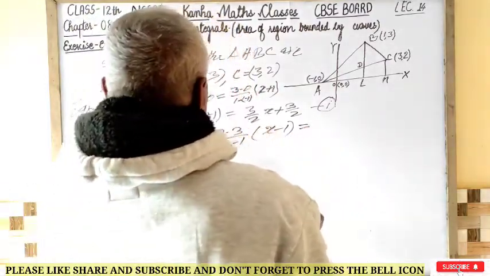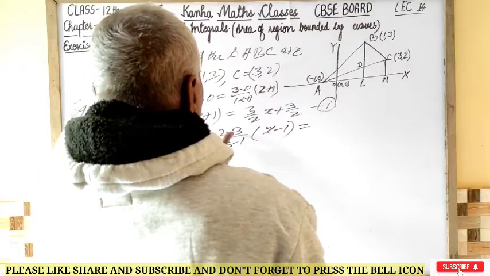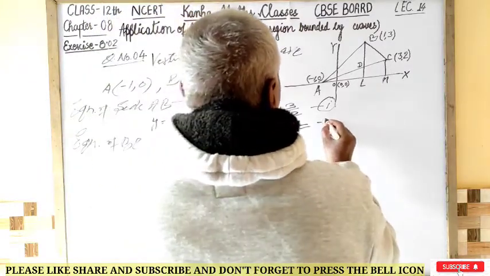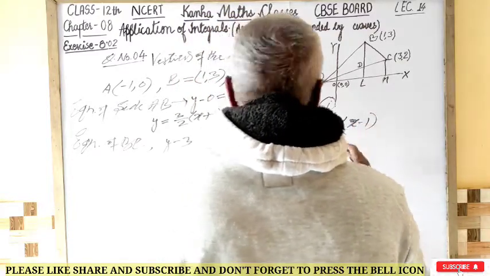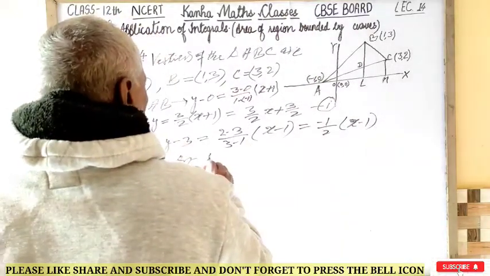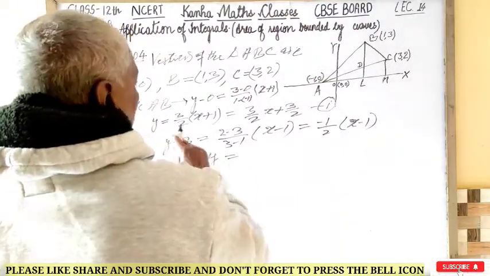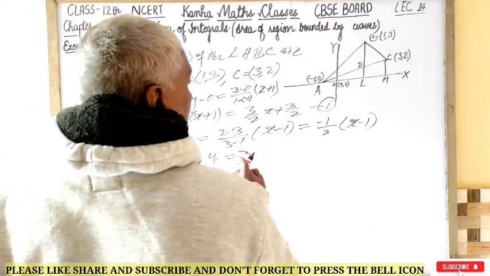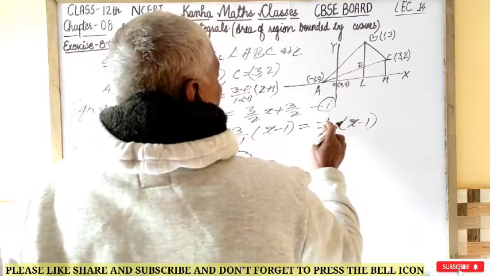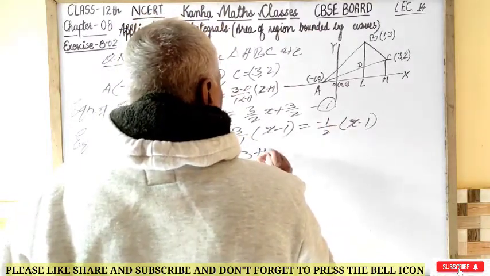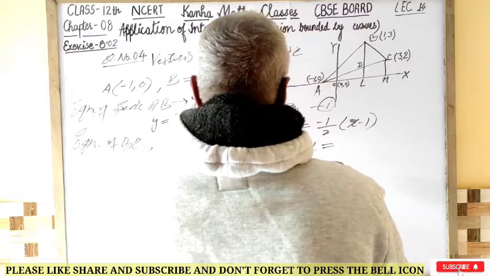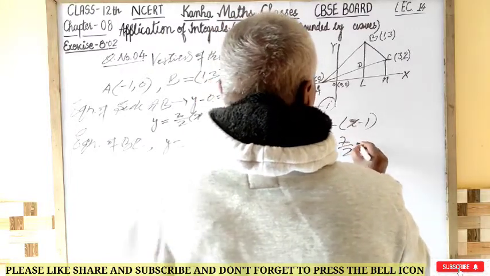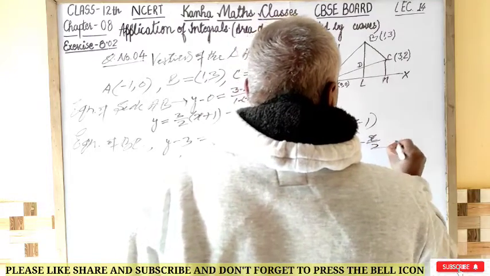Here 2 minus 3 is equal to minus 1, and 3 minus 1 is equal to 2, so y minus 3 equals minus 1 by 2 times (x minus 1). By transferring the side, y equals 3 minus x by 2 plus 1 by 2, that is 7 by 2 minus x by 2.